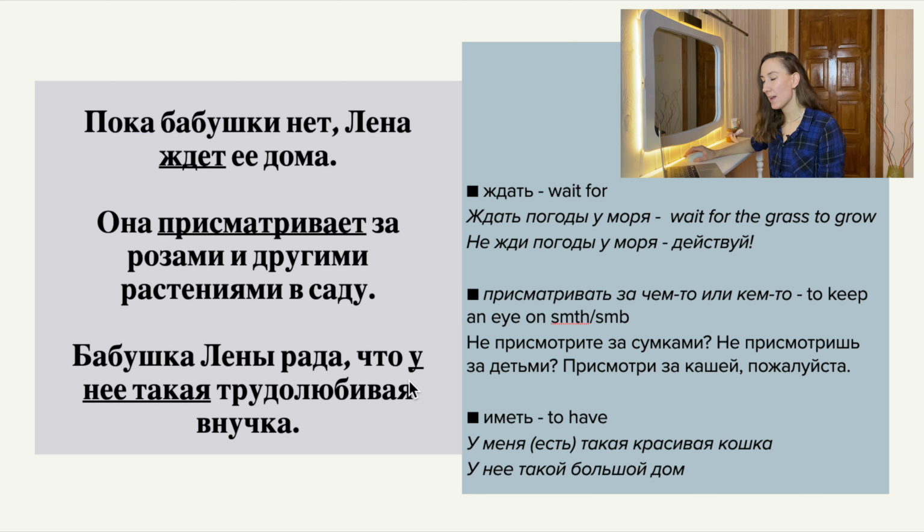If we look at the second part of this sentence, что у нее такая трудолюбивая внучка, we don't find the verb in this sentence. But when we translate the sentence into English, we have the word has, that she has such a hardworking granddaughter.